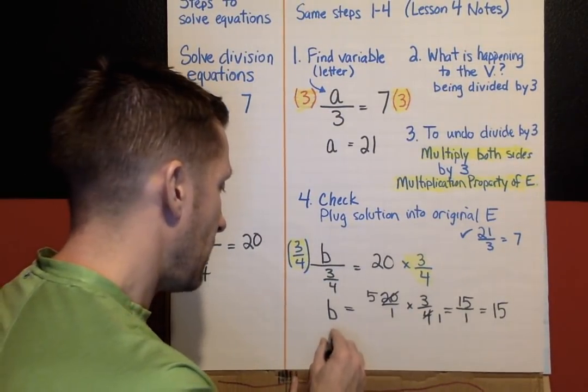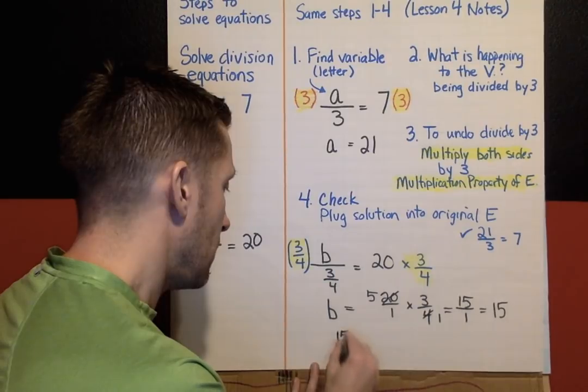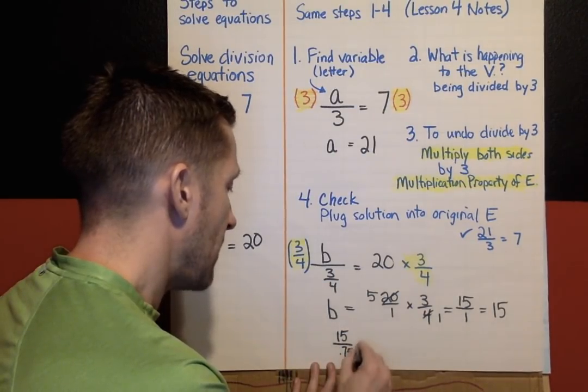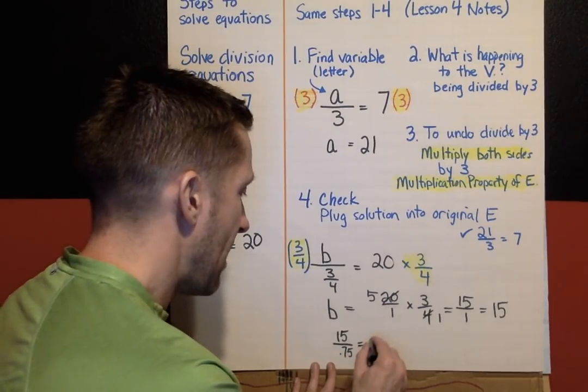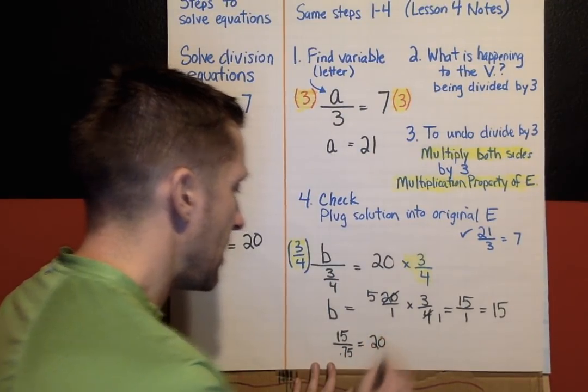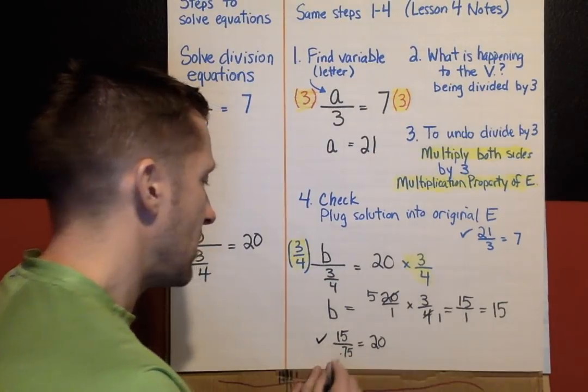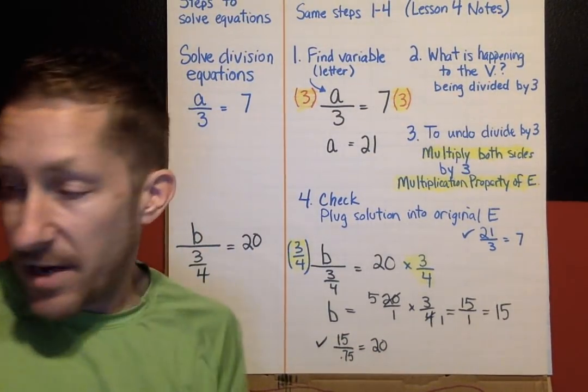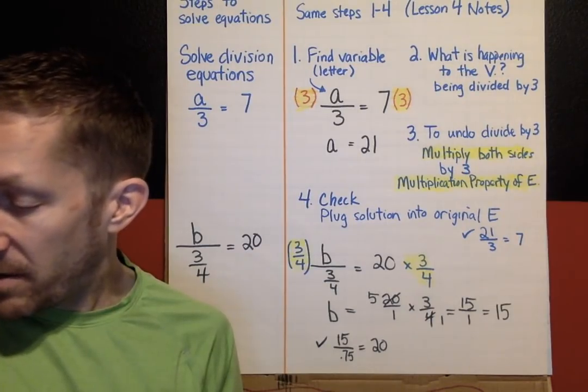So if I put in 15 divided by 0.75 on my calculator, I type it in, and I get 20. So there is my check. Plug my answer back into my original equation, and it worked.